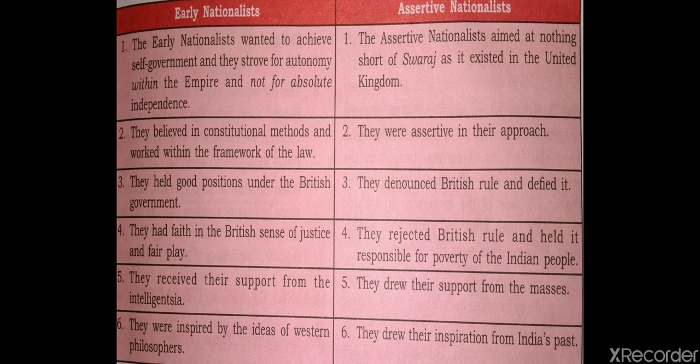Everybody participated in the assertive way of nationalism. Then early nationalists were inspired by the ideas of Western philosophers, that means foreign philosophers, whereas the assertive nationalists drew their inspiration from India's past.